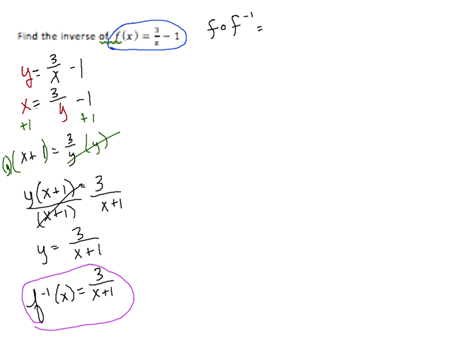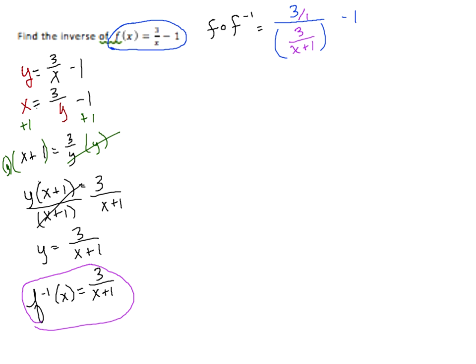And that looks like this. 3 over something minus 1. I had to leave myself quite a bit of room, and I've actually got a compound fraction happening here. Don't let the F word scare you. So just to point out, this is really 3 over 1 divided by 3 over x plus 1.